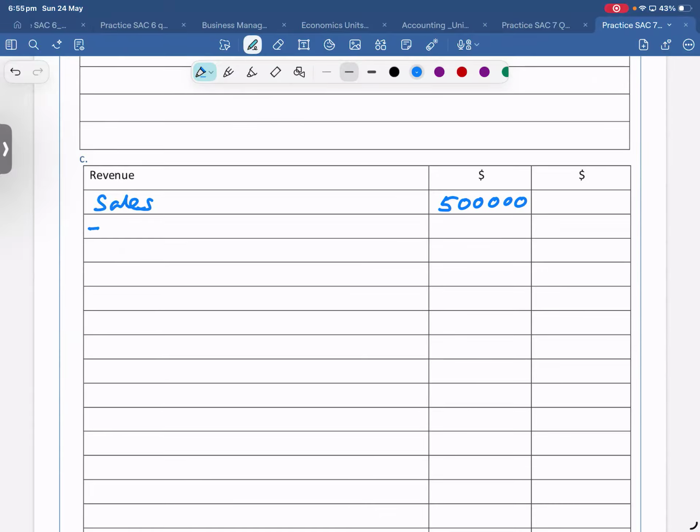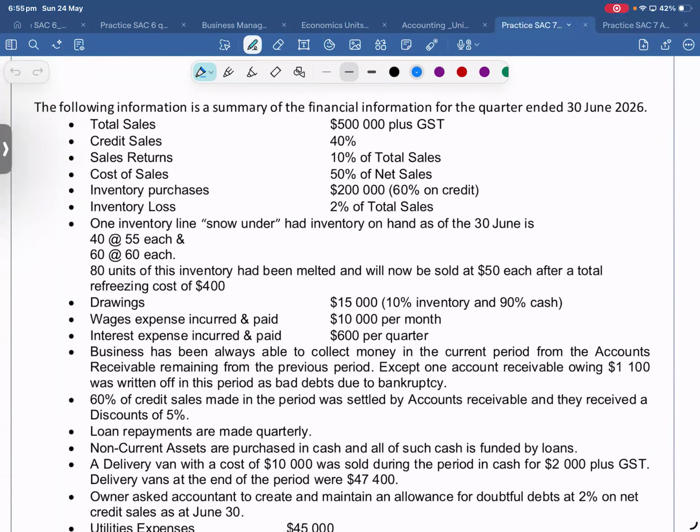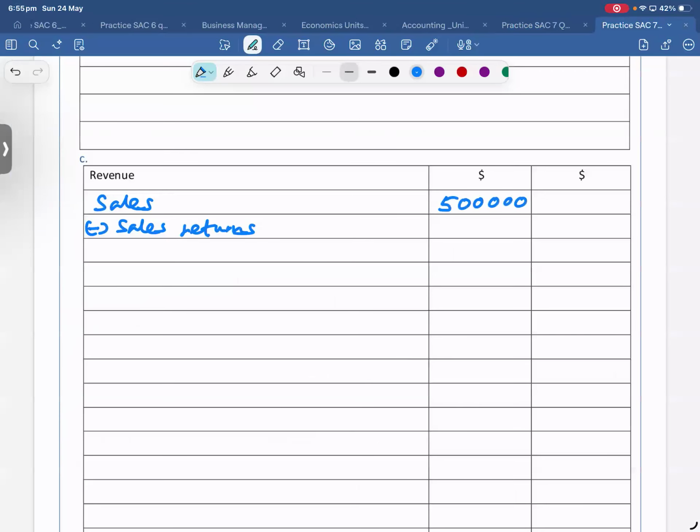And then we had sales returns, which is 10% on total sales, yes, 50,000. So $450,000 net sales. Okay. Less cost of goods sold.